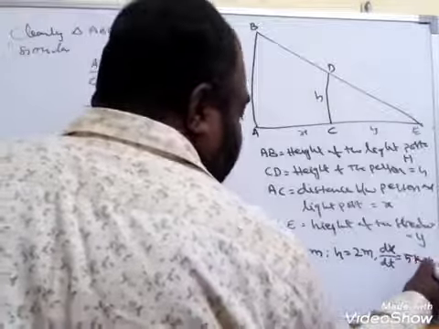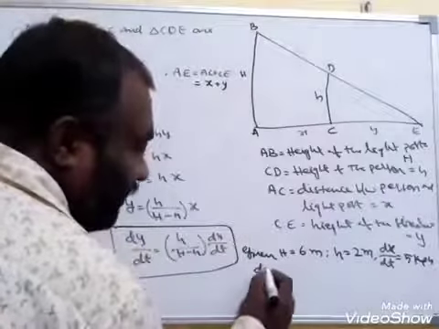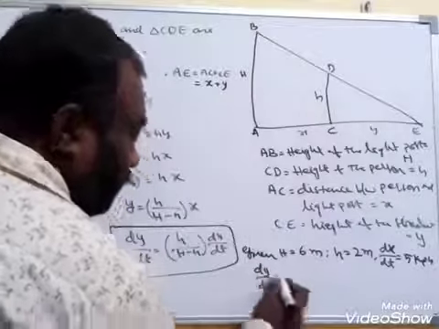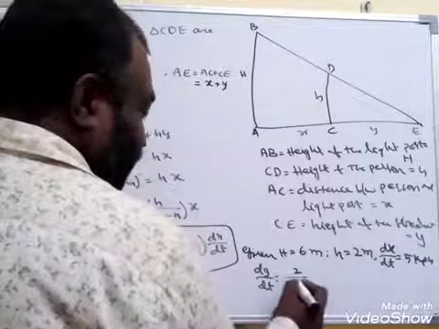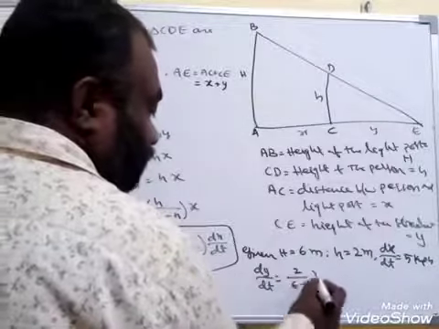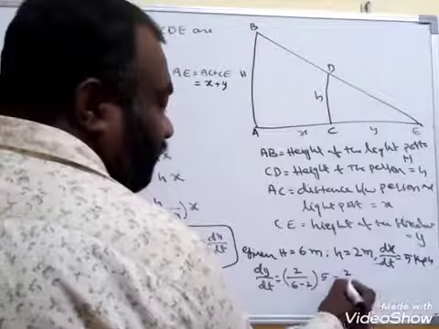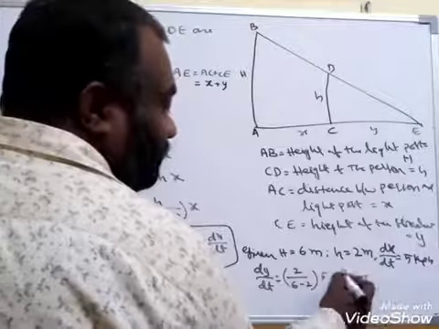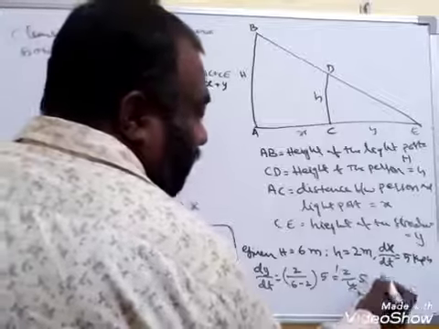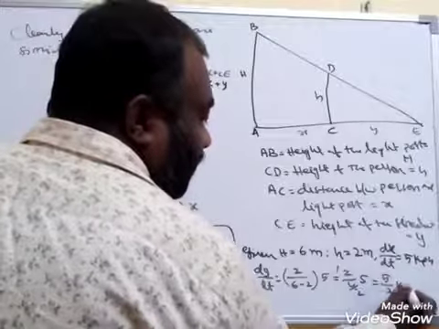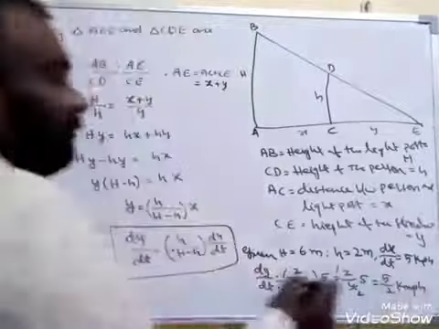Now what is dy by dt? dy by dt is equal to h by (H minus h) into dx by dt, that is 2 by (6 minus 2) into 5, which is 2 by 4 into 5. Therefore 5 by 2 kmph.